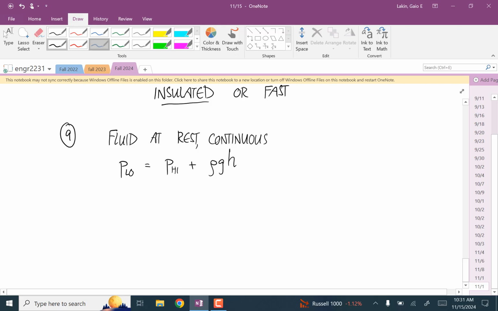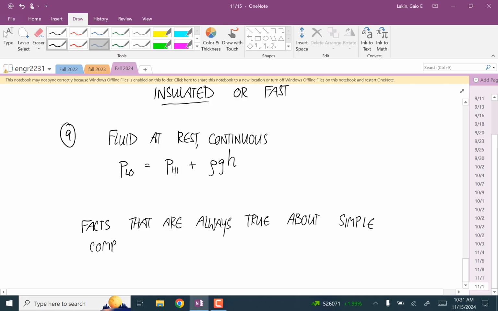Okay, so next, the next big section is facts that are always true about simple compressible substances. What portion of this class have we spent talking about simple compressible substances? All of it. So everything that we talk about in this class is a simple compressible substance.